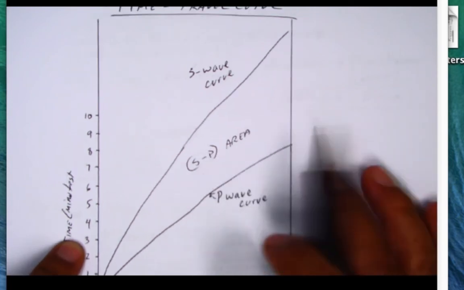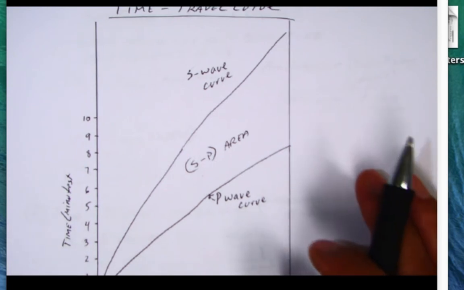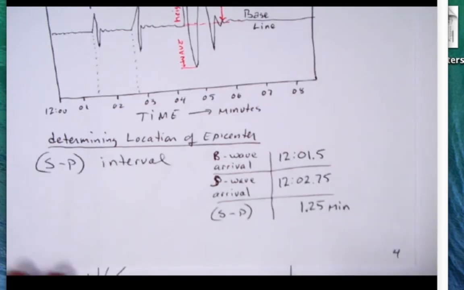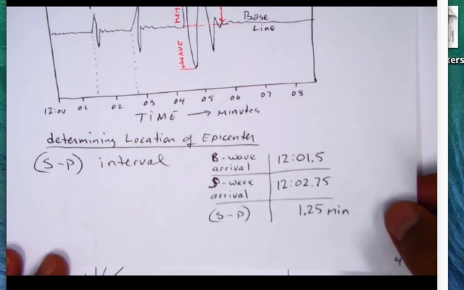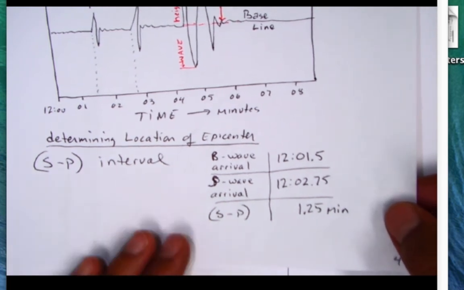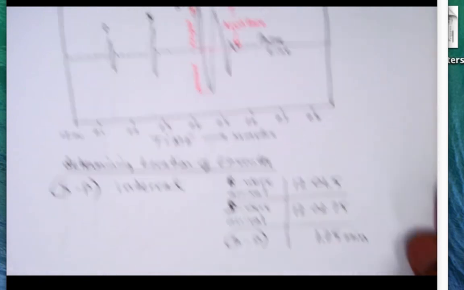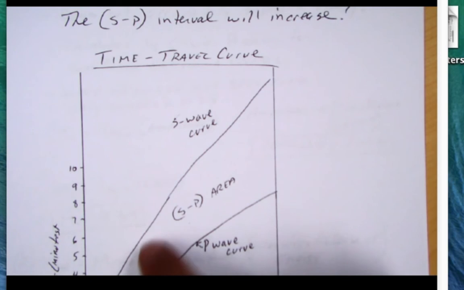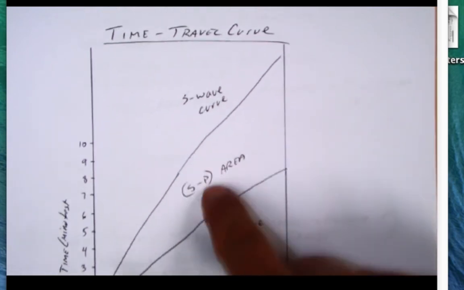The area between the S and P curves would be the S minus P time interval. On our previous problem, we calculated a time of 1.75 minutes for this S minus P time interval. To figure out how far this earthquake is from this particular seismic station, we have to figure out where those 1.75 minutes fit between these two curves.